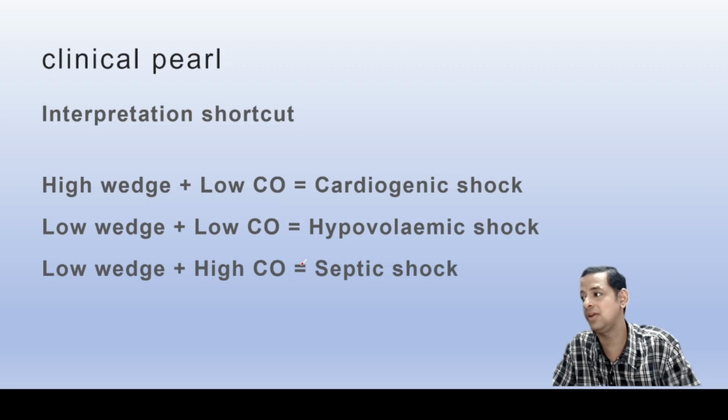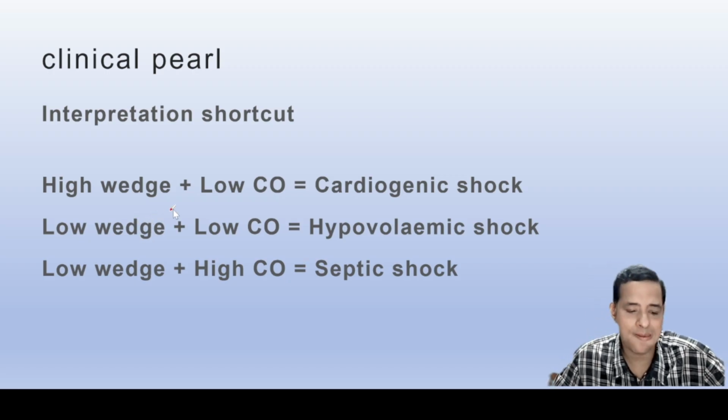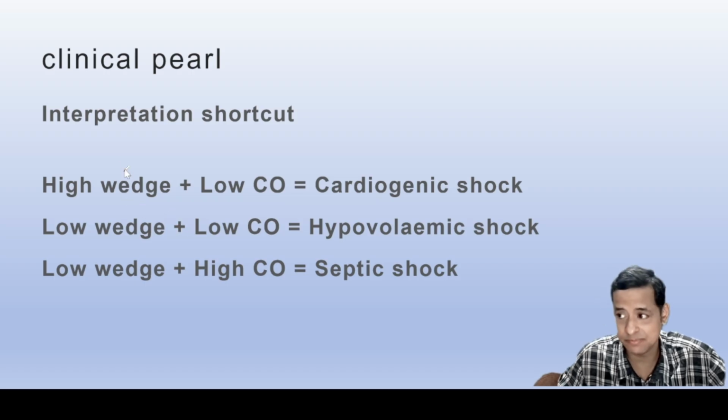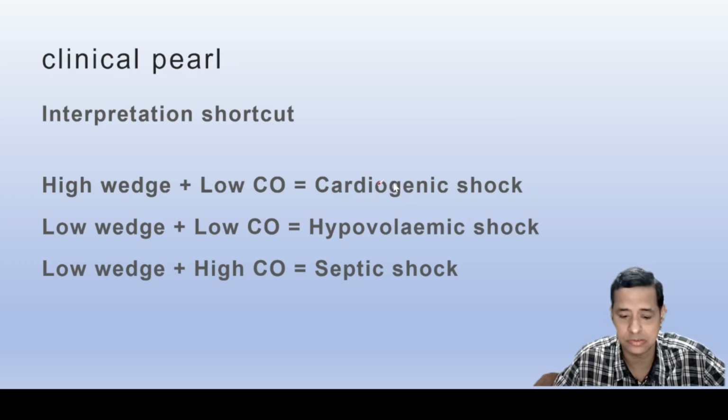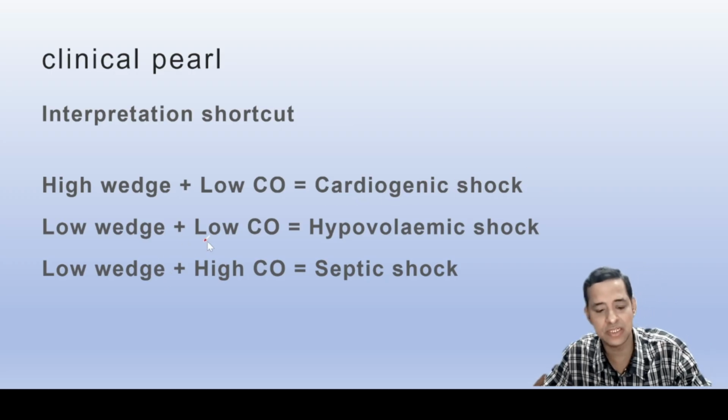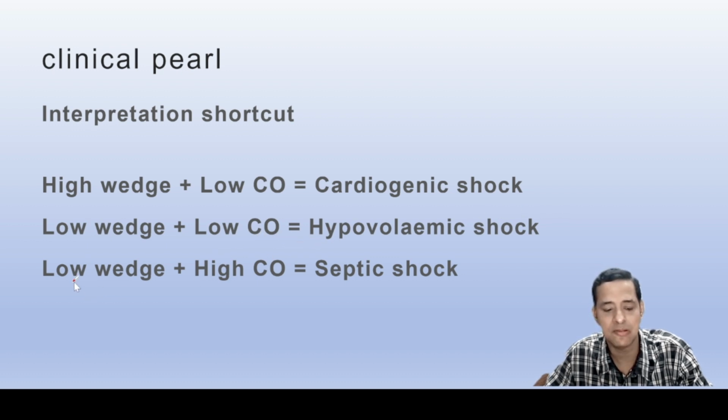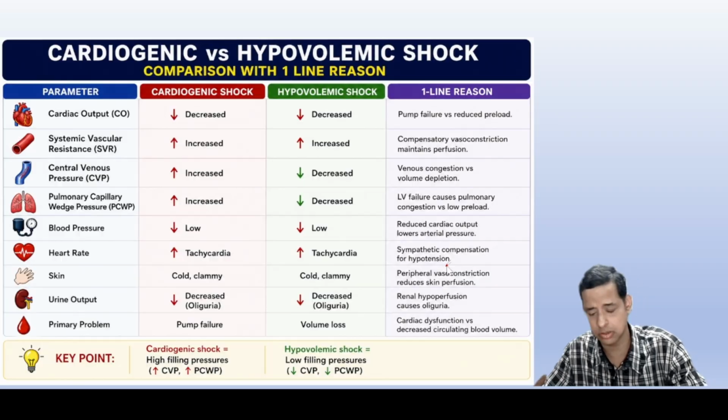The clinical pearls: high wedge pressure with low cardiac output is cardiogenic shock. Low wedge plus low cardiac output is hypovolemic shock. And similarly, low wedge plus high cardiac output is septic shock. You have to remember this.